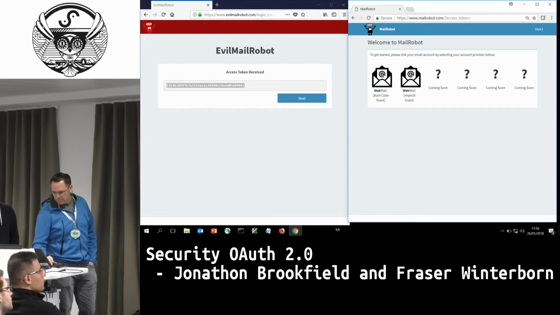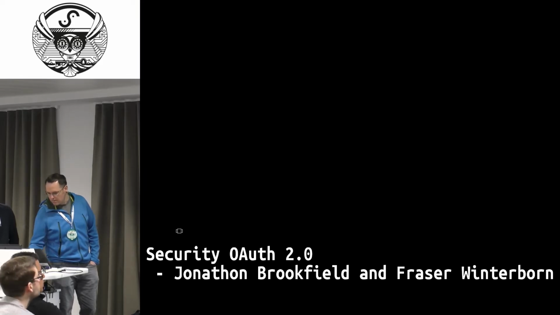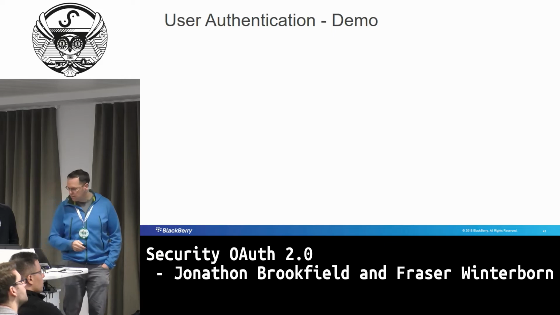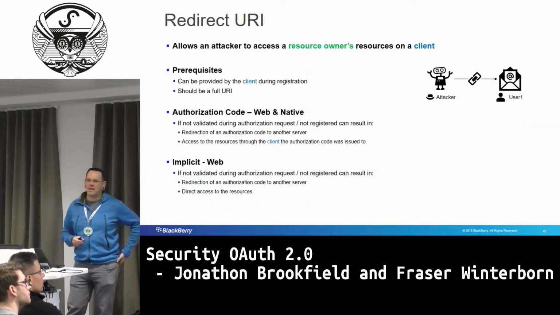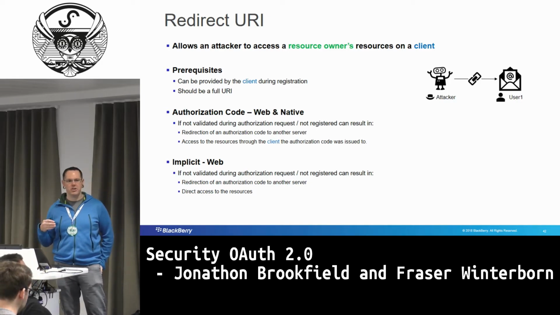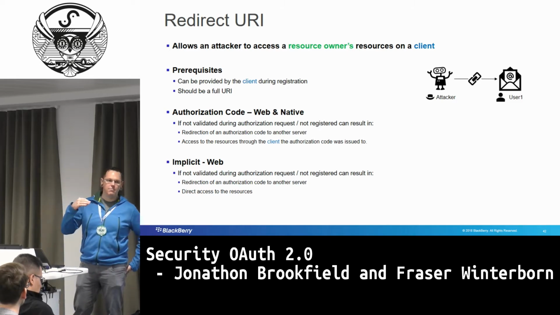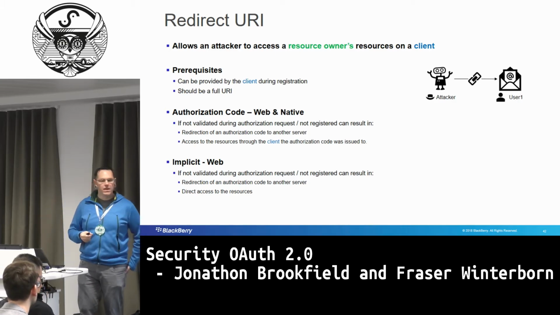So next we're going to look at some attacks that use the redirect URI. As we mentioned when we were going through the authorization grants, the authorization code and the implicit flow redirect either the authorization code or the access token using a redirect URI via the browser.